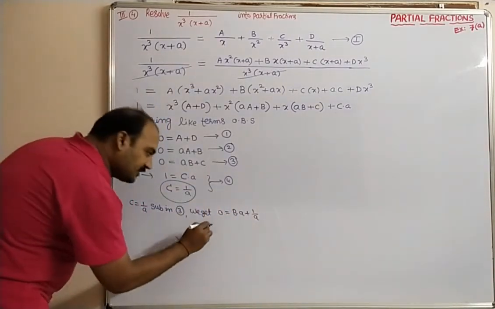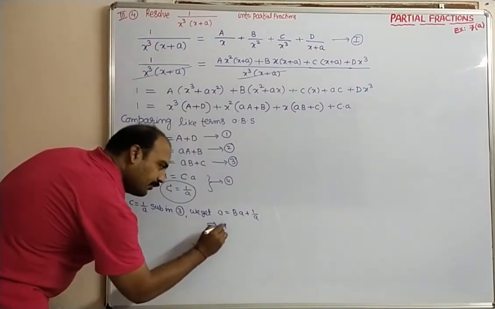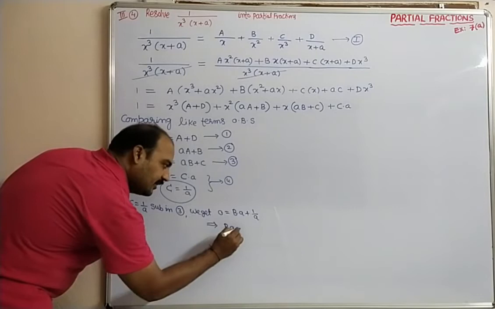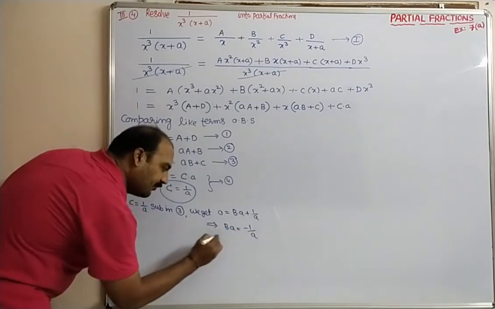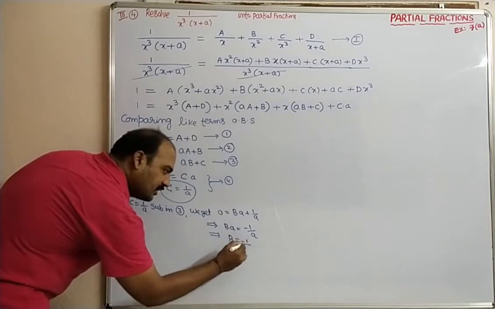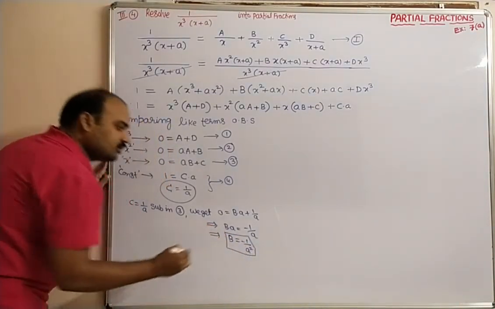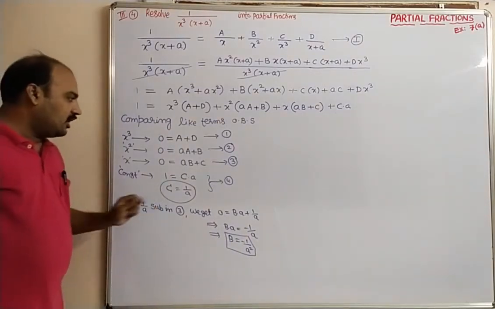We can take this side, B into small a is equal to minus 1 by a. That implies capital B equal to minus 1 by a square. So B value also we got, C value we got.